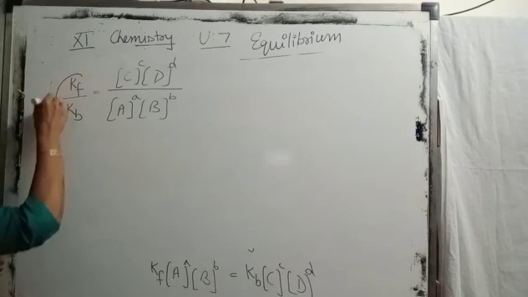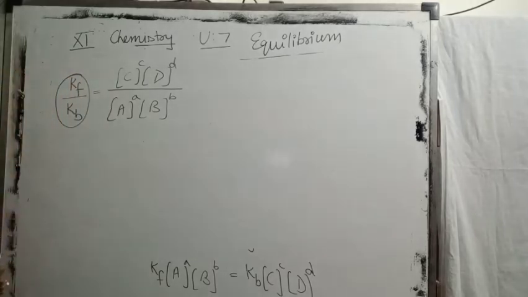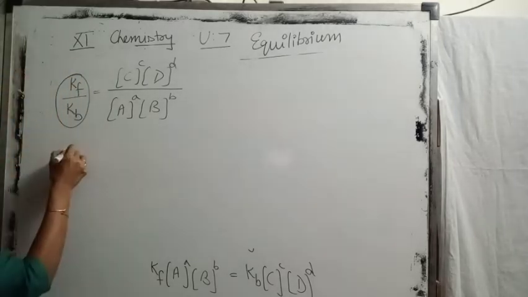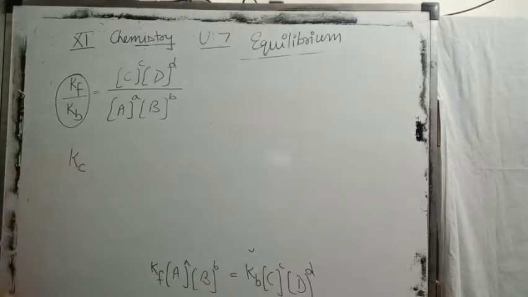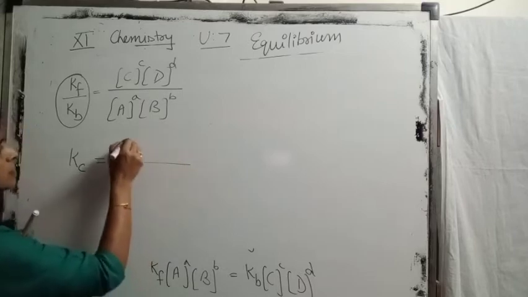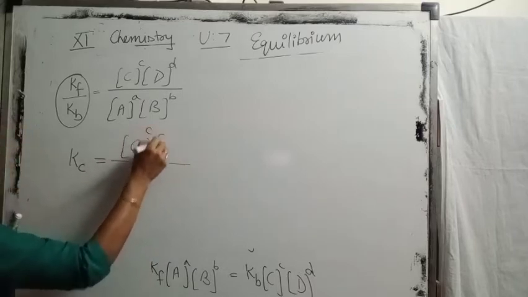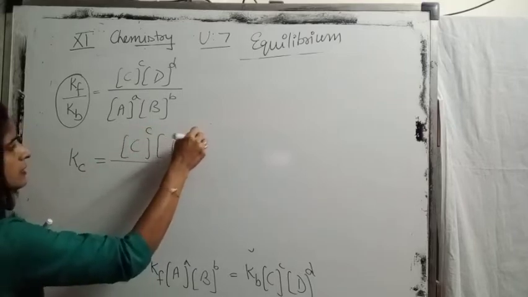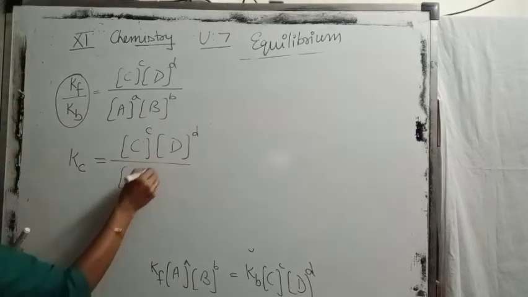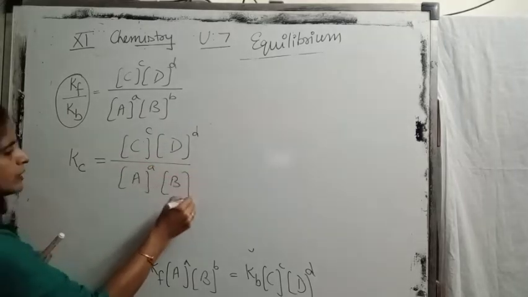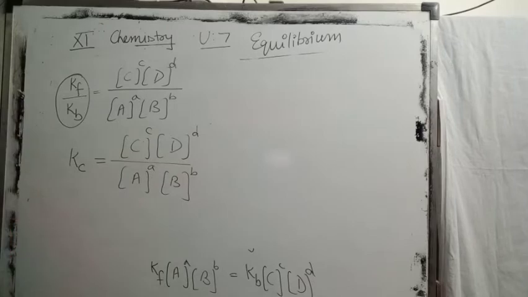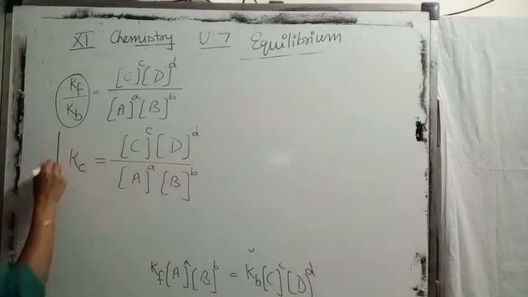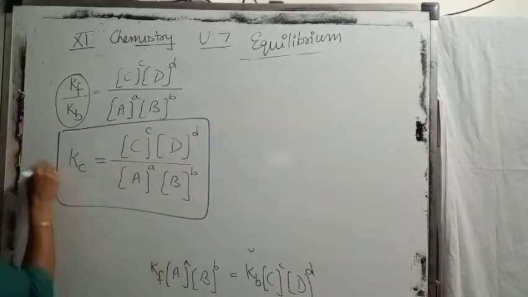And the ratio of these two constants, again a constant, we write as Kc, equilibrium constant. So this is the formula to calculate the value of equilibrium constant for any given equilibrium stage.